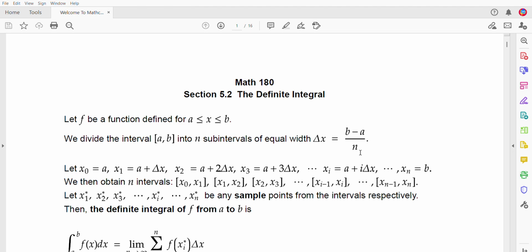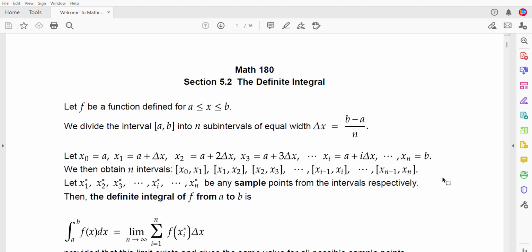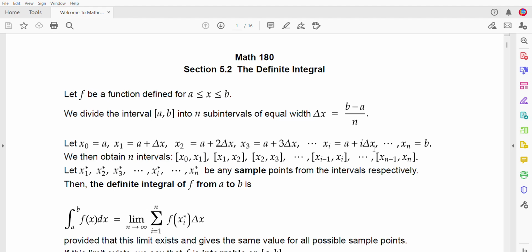Let x sub 0 be a, x sub 1 be a plus delta x, x sub 2 be a plus twice delta x, x sub 3 be a plus 3 times delta x, and so on, x sub i be a plus i delta x, all the way to x sub n equals b.